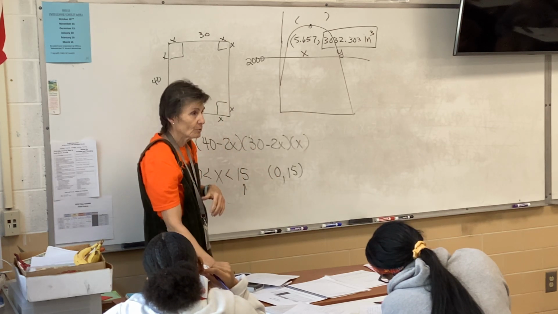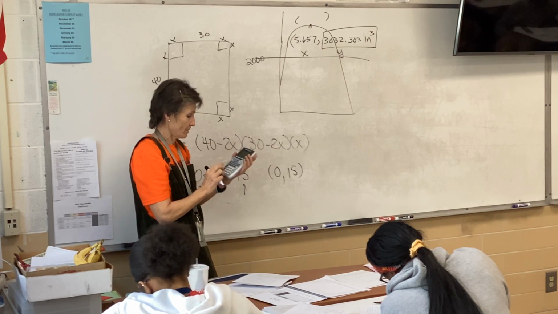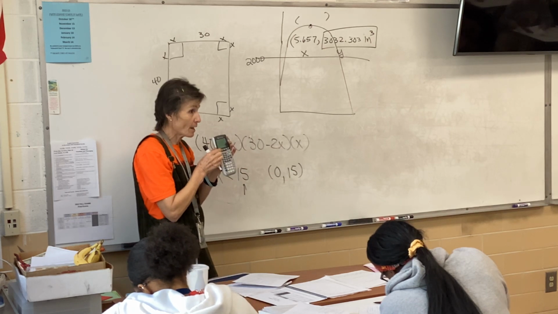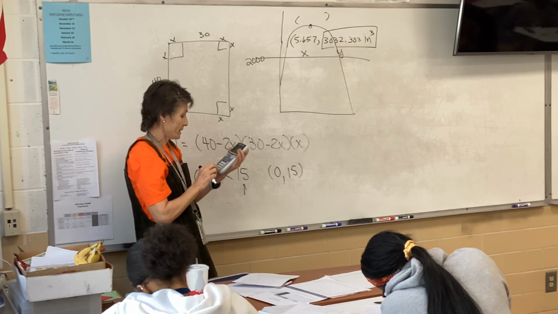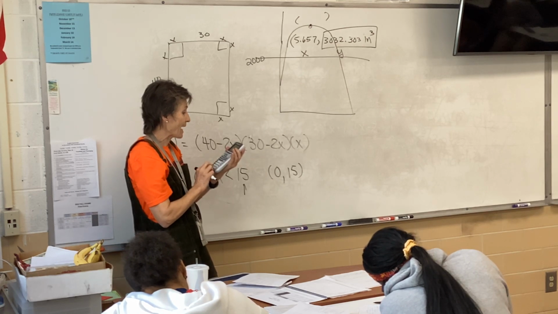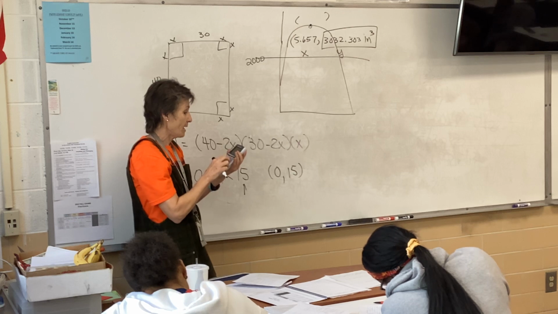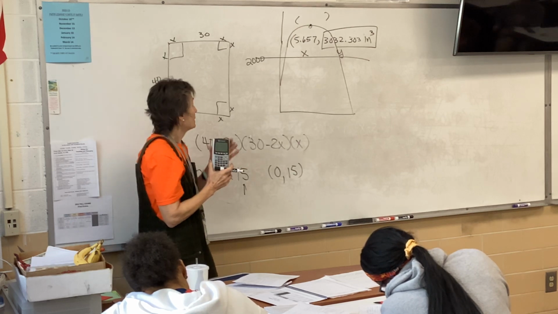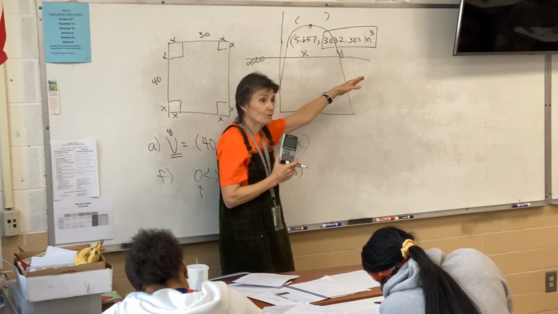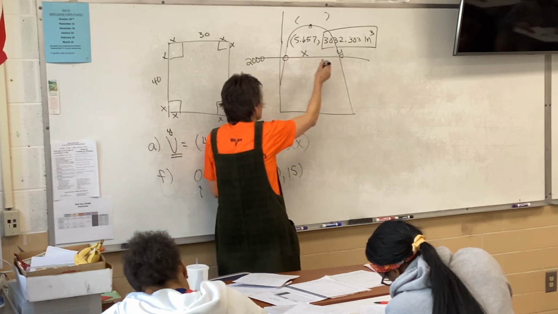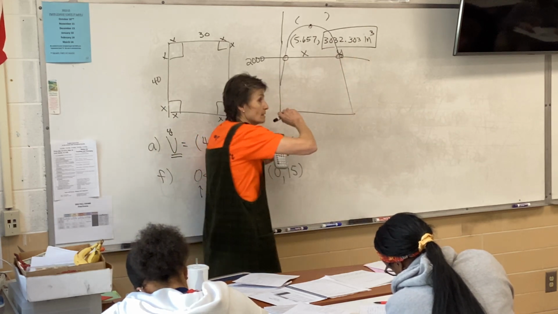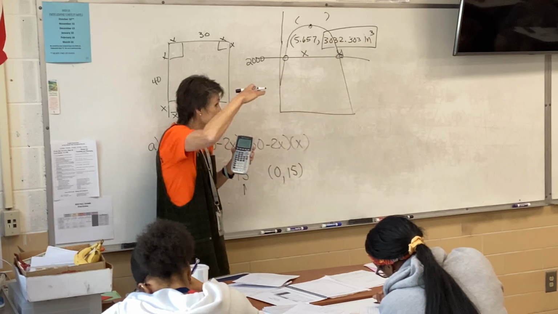So what am I going to do? I'm going to go back to my calculator and I'm going to put in another equation. Leave that one in, but put in y equals 2,000. And then hit graph. Did a line come shooting through your curve? These are the places where the volume is 2,000.